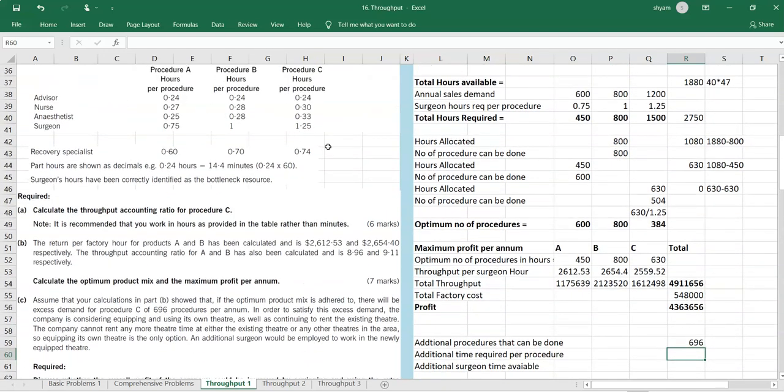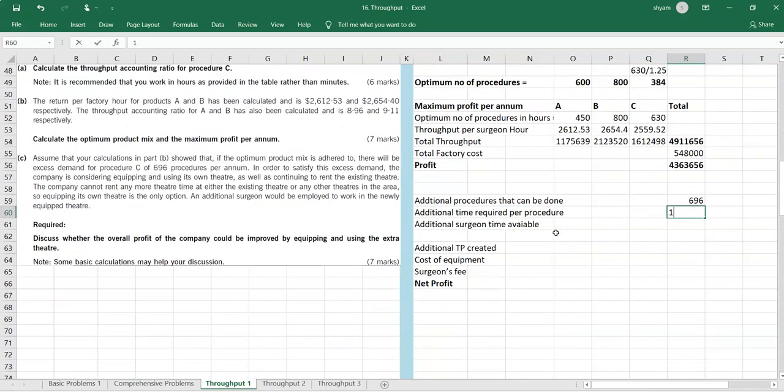It takes 1.25 surgeon hours, and the total surgeon time is the multiplication of both these numbers. 870 hours is required.